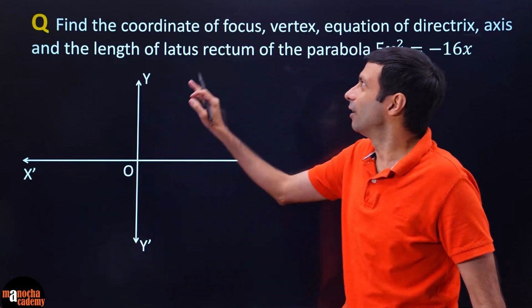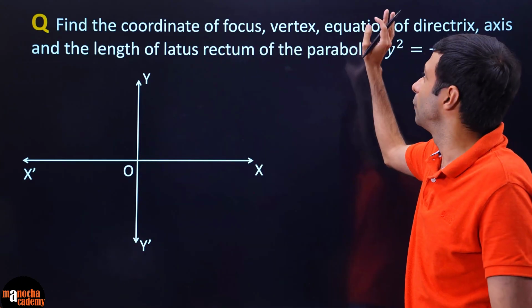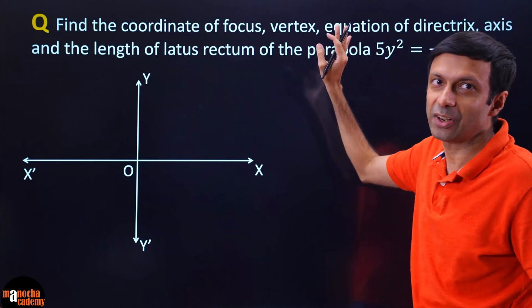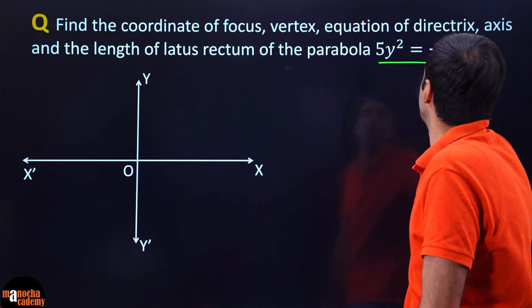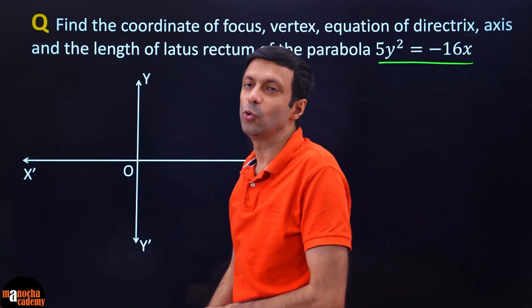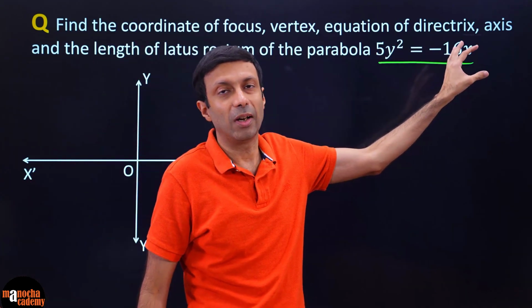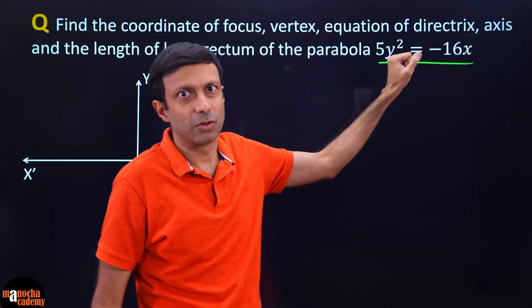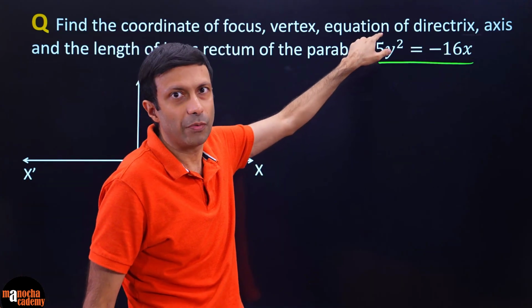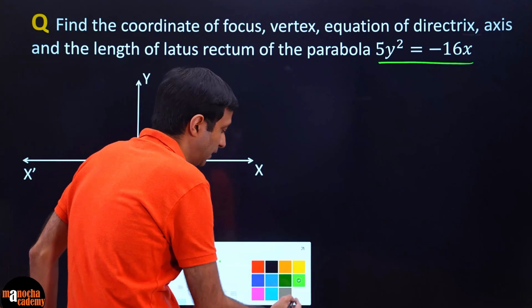Here it is. Once again, we have to find all the coordinates of the focus, vertex, etc. for this parabola: 5y square equal to minus 16x. So once again, compare this parabola to the standard form. So what is the standard form? Here you don't have a coefficient of y square.